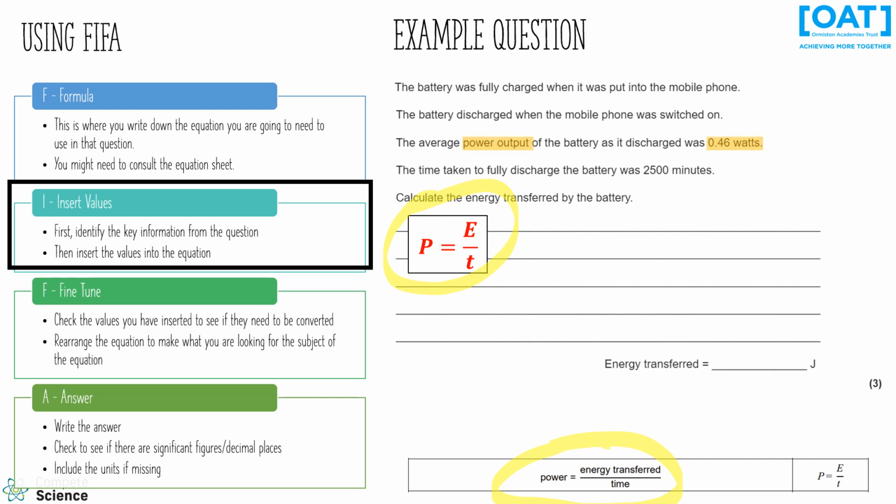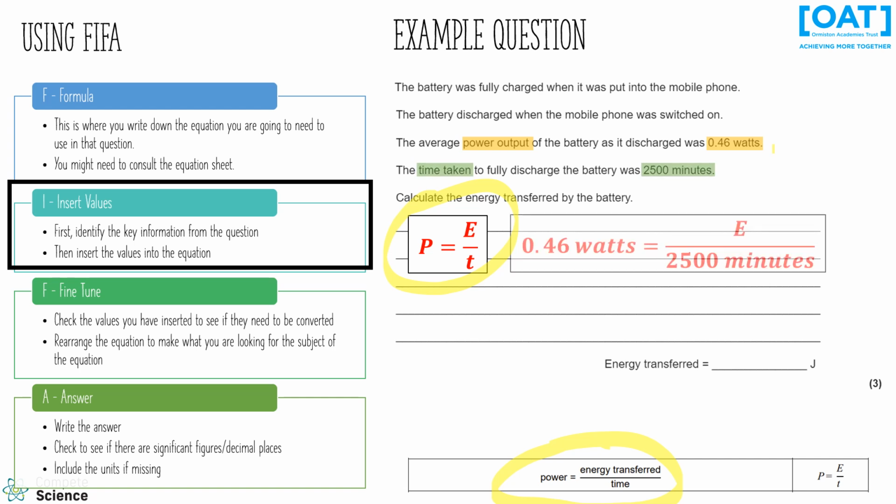We have the power output highlighted as 0.46 watts. The time taken to fully discharge was 2,500 minutes. So therefore, 0.46 watts equals the energy divided by 2,500 minutes. However, this unit of minutes needs fine tuning. So we move on to our next step.